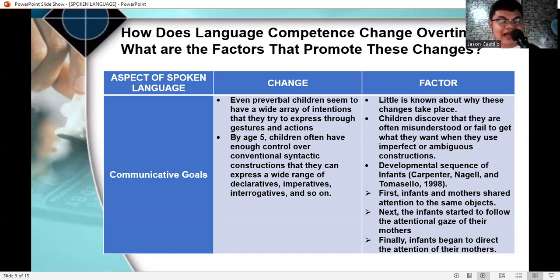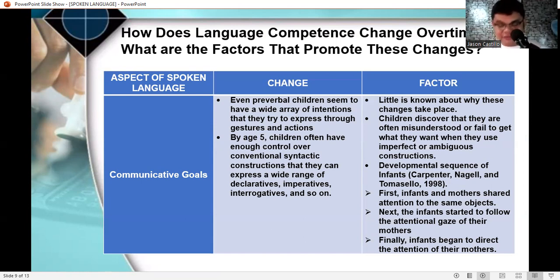Now, by the age of 5, according to this paper, children often have enough control over conventional syntactic constructions that they can express a wide range of declaratives, imperatives, interrogatives, and so on. So that is the beginning. Age of 5 is the beginning of how they can construct these expressions.